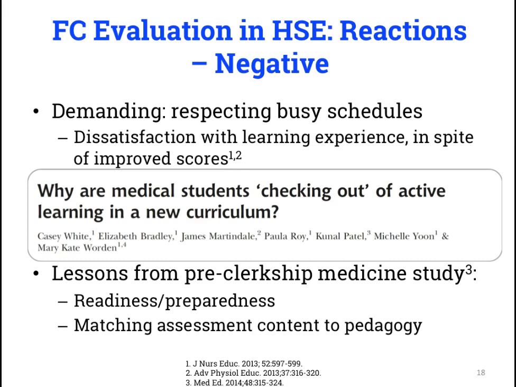So one theme was this idea of concept of readiness and preparedness, both from the perception of the students and the faculty of one another and of themselves. So faculty felt unprepared in a lot of ways, and students felt that the quality was thought to be too inconsistent, and there was too much time spent waiting between activities.